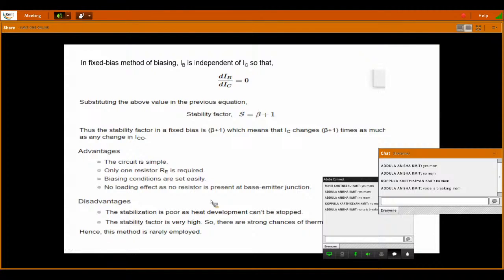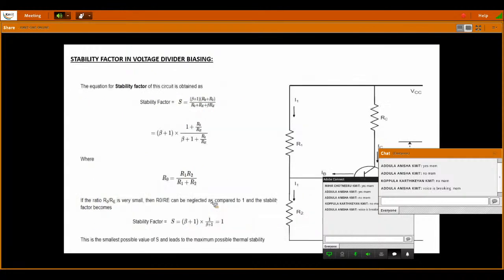But the thing is it has a higher stability factor, so it is more variant to your beta changes or current gain changes. So that stabilization is poor, and as heat development cannot be stopped in the fixed bias circuit, we are moving to the voltage divider biasing.